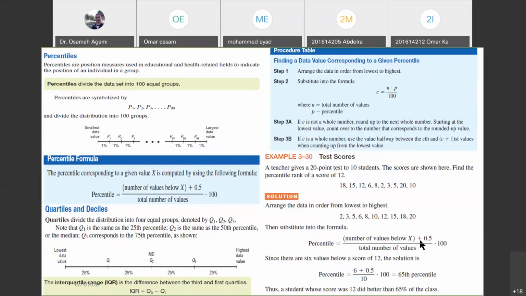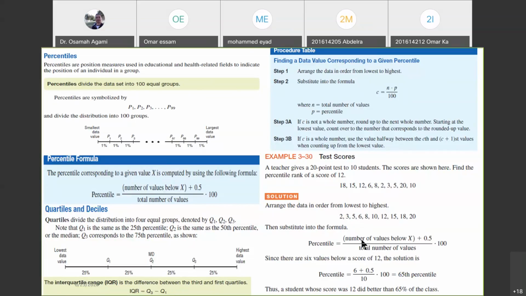And add half and divide by the total number of values, or the number of data, which is, there are 10 data here, 1, 2, 3, 4, 5, 6, 7, 8, 9, 10. This is not a sum, this is a number of data. This gives you the percentile.